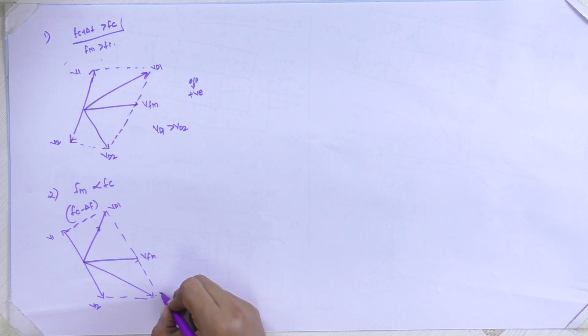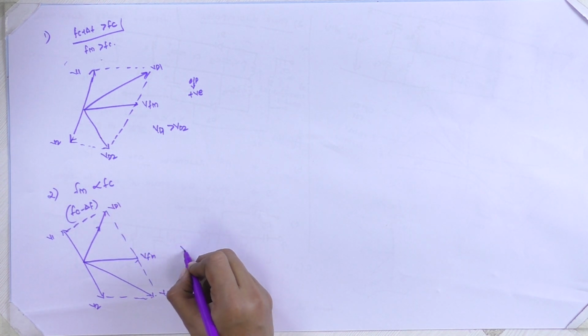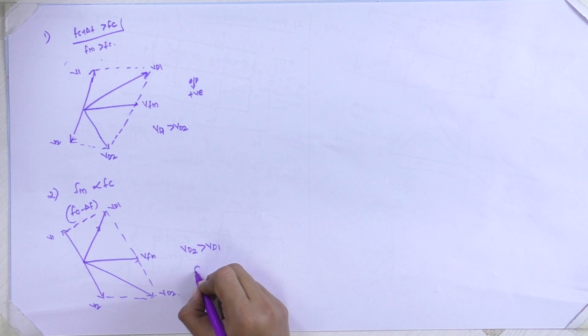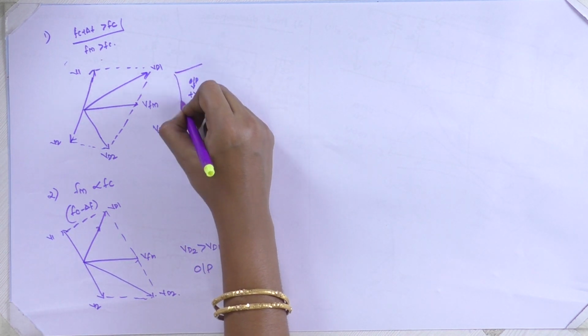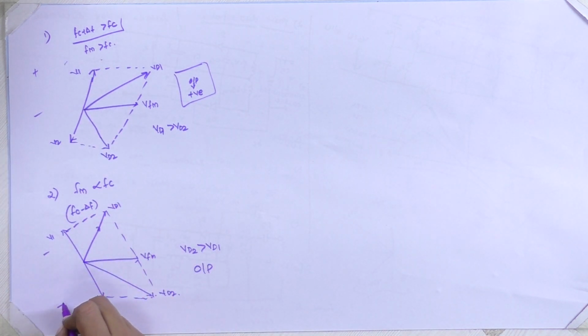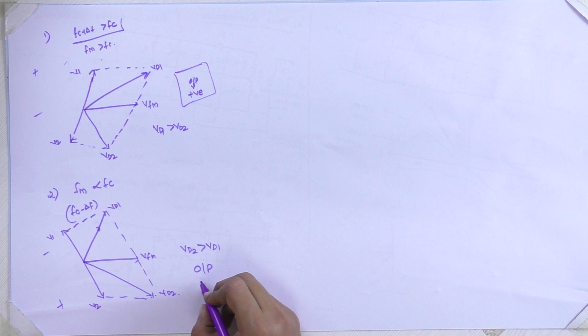So this is our VD1 and VD2. In this case, VD2 will be conducting more with respect to VD1. And then what will be the output? Here output is positive, plus and minus, here minus and plus, therefore output will be negative.